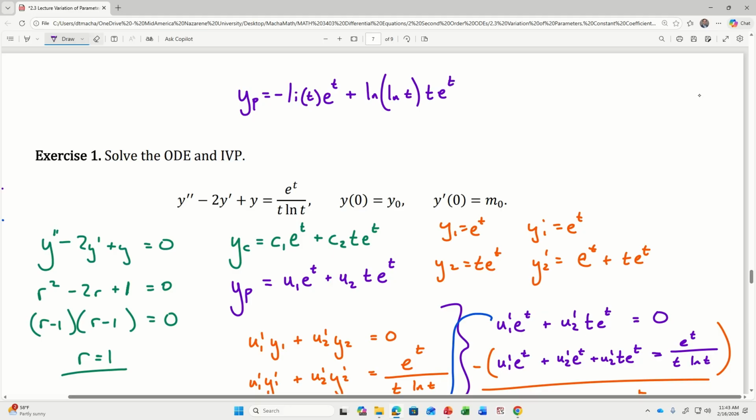And if I want my general solution, I just have to take my particular solution and then add the complementary solution.